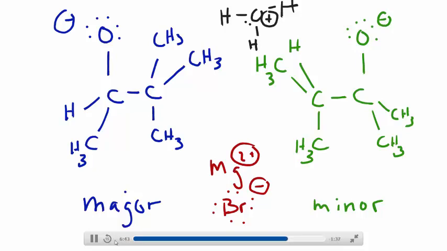From the major product, you're going to use the oxygen to pick off the proton and give electrons back. If it comes from the minor product, you're going to pick up the proton and give electrons back. So you're going to get two products at the end of the day.